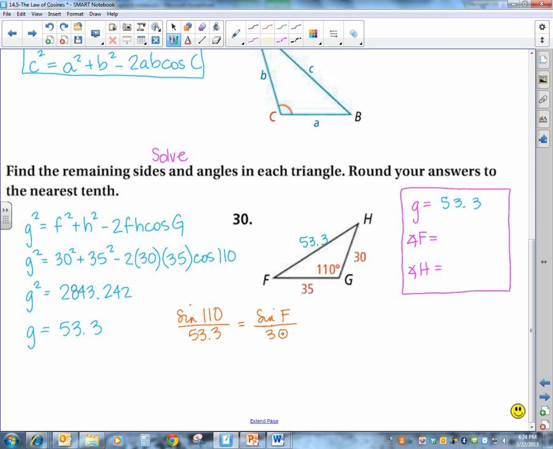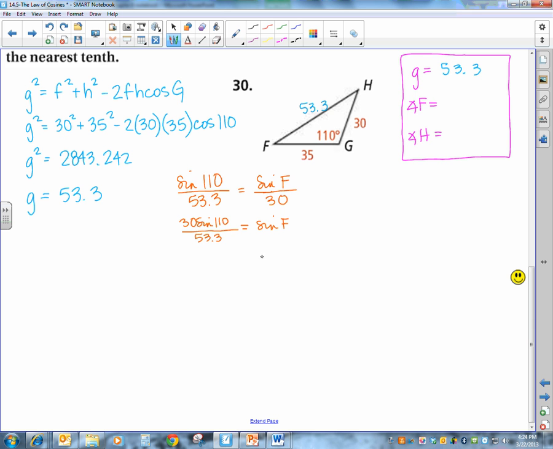Again, my variable's on top, so I'm going to multiply both sides by 30, and it'll say the sine of F is equal to 30 times the sine of 110 over 53.3. And we like to write this step out so we can check ourselves along the way.